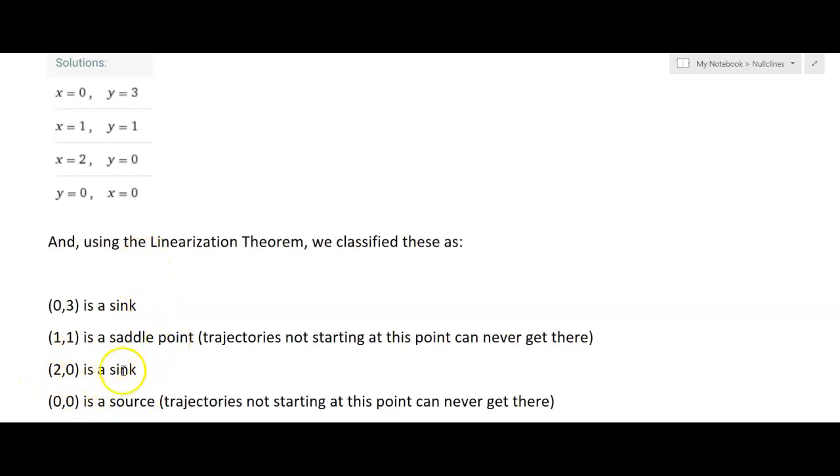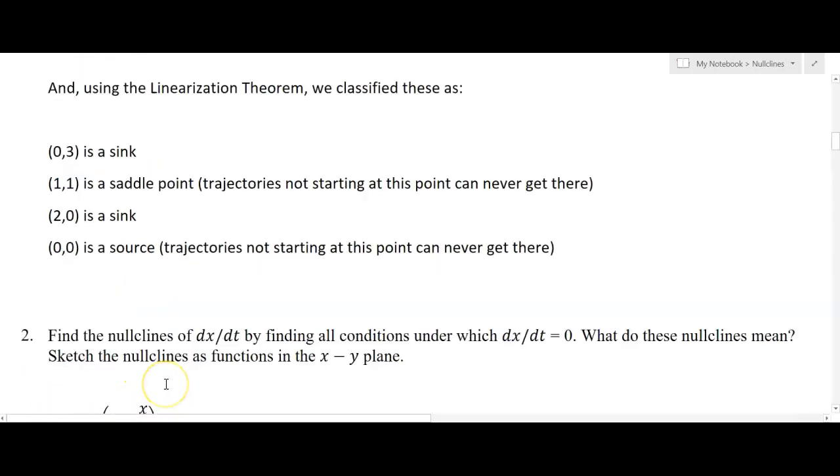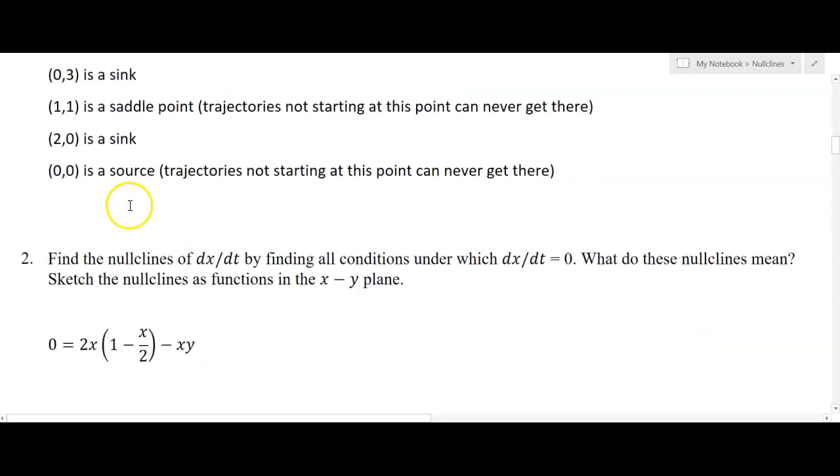So once again, we observed that certain solutions made their way to that equilibrium point. (0, 0) is a source, so trajectories not starting at this point can never get there. So we have 2 equilibrium points that we've already been able to demystify as solutions just won't get there unless they start there. So the next thing we're going to do is find the nullclines of dx/dt.